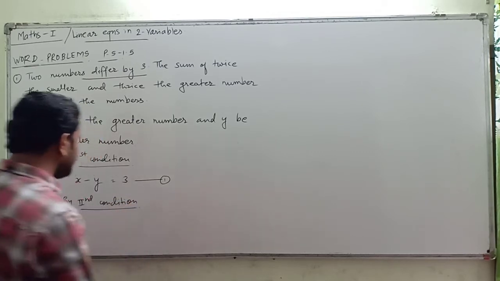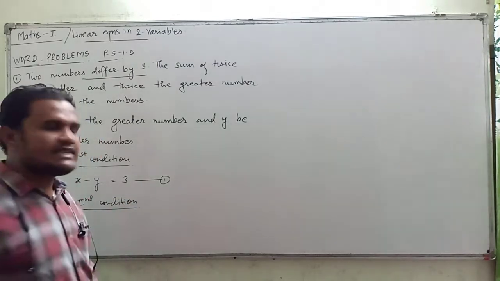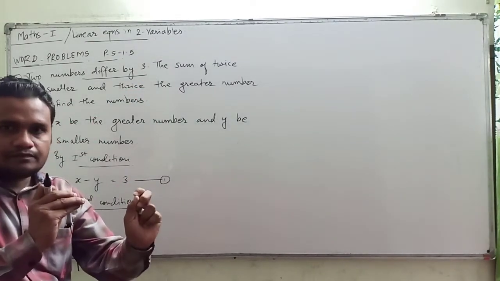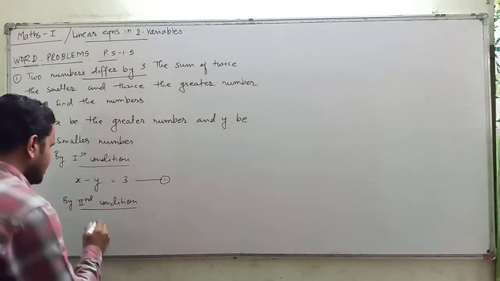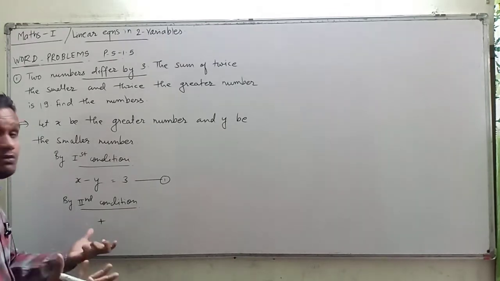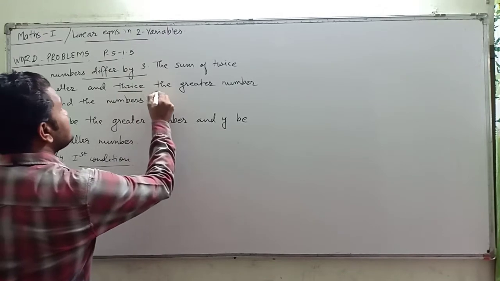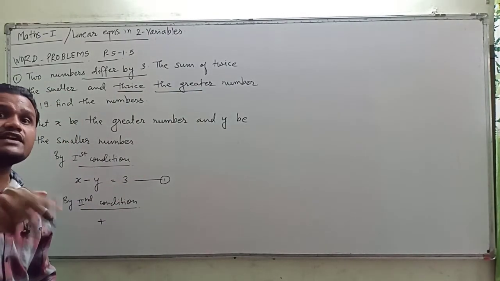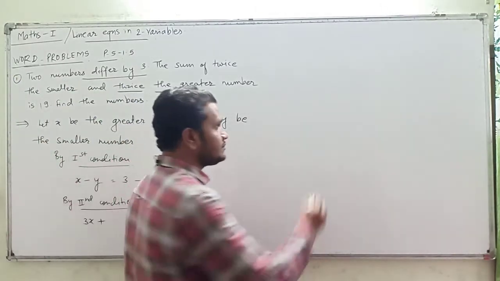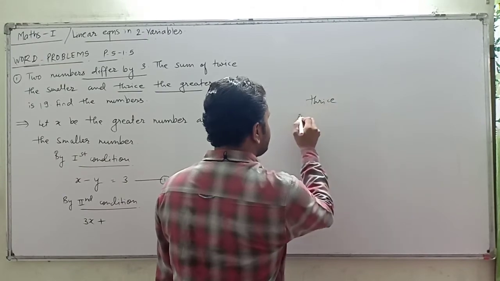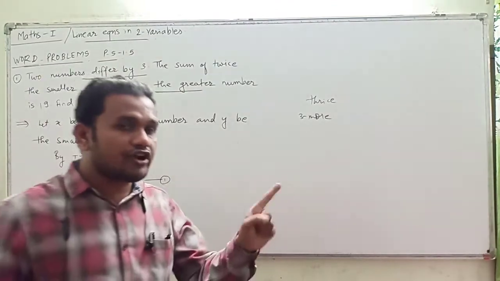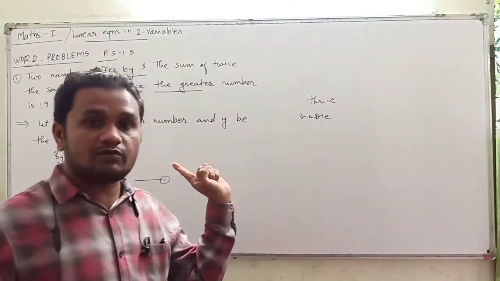now we have to see what is our second condition. Second condition says that sum, now see, we'll go word by word. Sum means addition. Sum of what? Thrice the greater is x, and it is thrice, so 3x. Let me tell you one thing, thrice and 3 more, these are the words which you will see frequently in word problems.